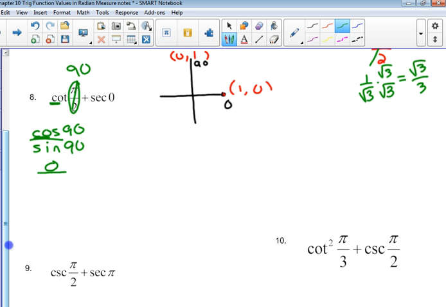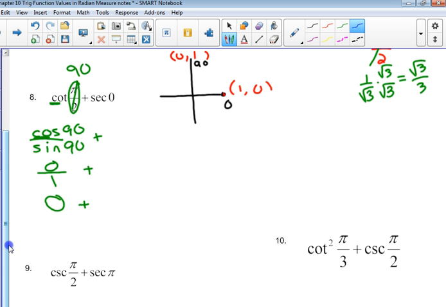So we have 0 over 1. What's that just going to be? 0. Okay, good. Now we got to go to the 0 degree here. And flip it, you should get the same thing. You should still get a 0 on top. And 0 on top will make anything 0. 0 on the bottom is undefined, and that's the bad one.